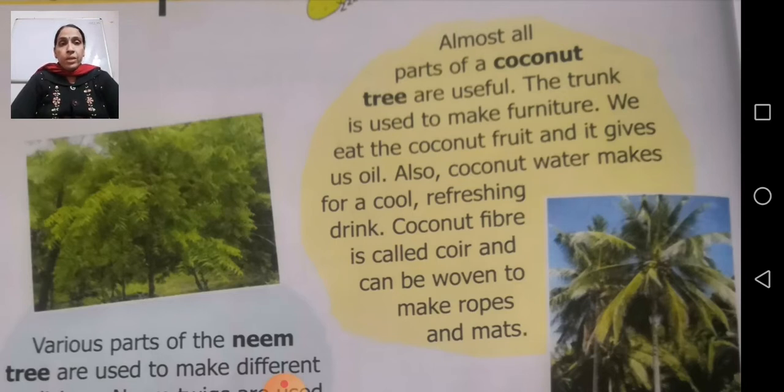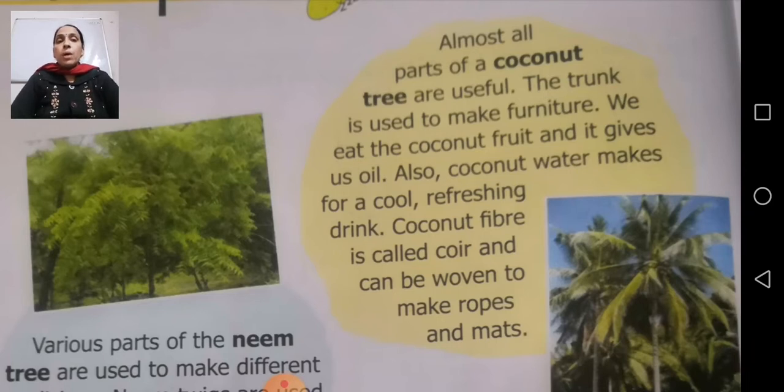make furniture, like a small stool or small table can be made. Then coconut fiber, the coconut that you take to God when you worship, to offer as bhog, the outer covering of that coconut you will see is brown in color, and that brown covering is known as coir.